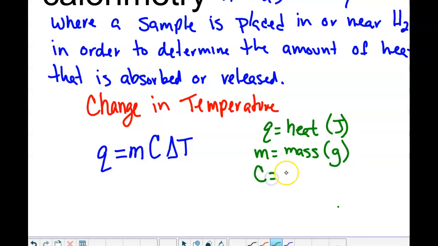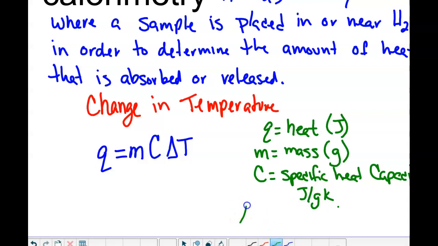C, remember, stands for specific heat capacity, and it is going to have the unit of joules per gram, degrees Kelvin, and delta T stands for change in temperature.